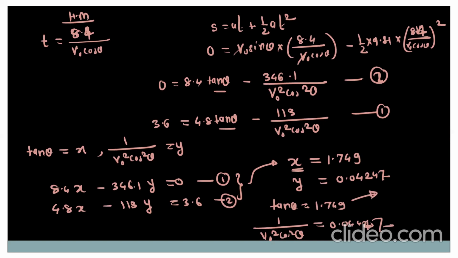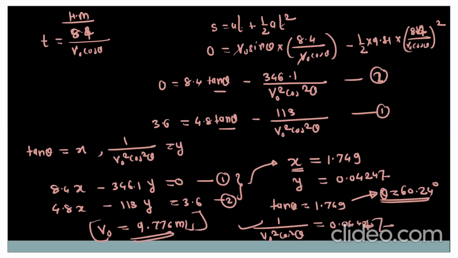So first equation, we will get the value of theta. So theta is equal to 60.24 and put this value in this equation. So you will get the value of V naught. So V naught is equal to 9.776 meter per second. So this is your final answer. That means if you project the object with this velocity 9.776 meter per second and with this angle, then it will clear that wall. Okay, so this is the least velocity and that is the least angle.